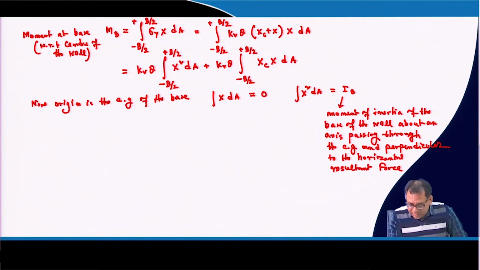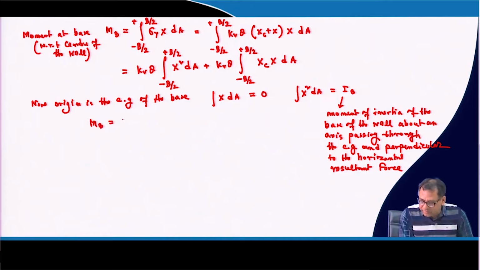Okay. So, that is why this term will be 0 and this is I b. Finally, I can write here that m b will be equal to, the first term will be 0 and the second term has k v into theta.